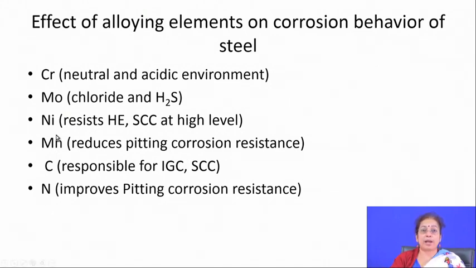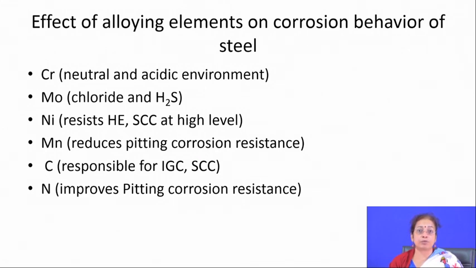Sometimes you do alloying also to reduce the corrosion tendency, like chromium is usually alloyed because chromium saves the material in neutral and acidic environments. Molybdenum saves in chloride and sulfuric acid environments, nickel resists stress corrosion cracking at a higher level, manganese reduces the pitting corrosion resistance, molybdenum enhances the pitting corrosion resistance, carbon is responsible for intergranular corrosion and stress corrosion cracking.